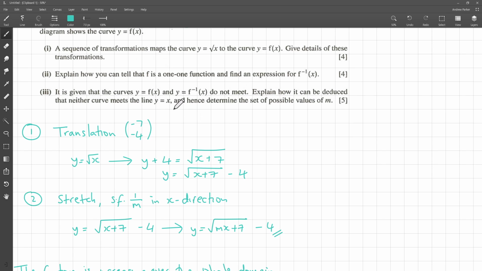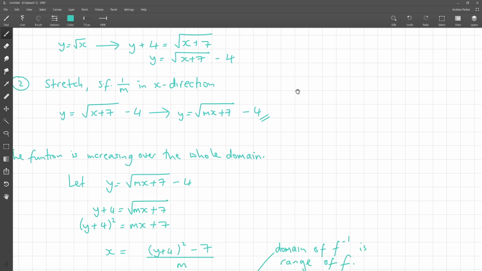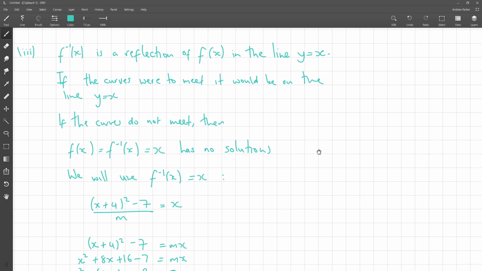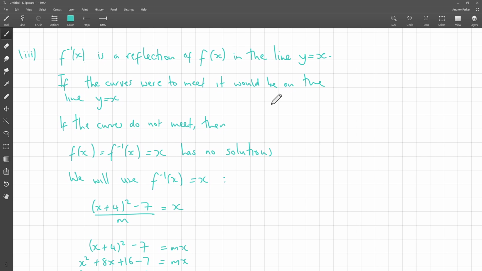So we'll have a look at what I've written, and then we'll do the next part, determine the set of possible values of m. So I've pretty much written here what I've just said, that they are reflections in the line y equals x. In order to solve what the values of m will be, if the two curves never meet, that means if you try to solve the equation f of x equals the inverse of x, you should get no solutions.